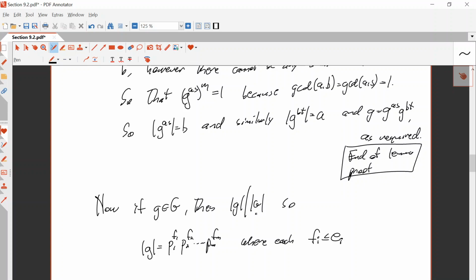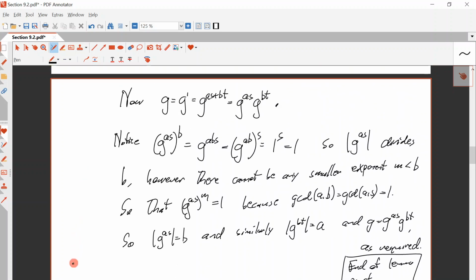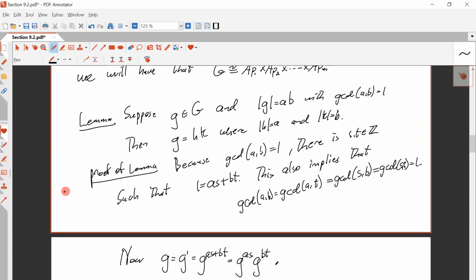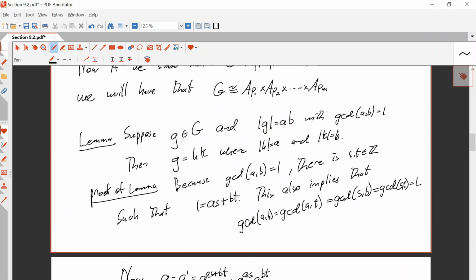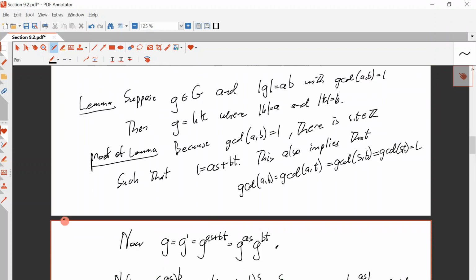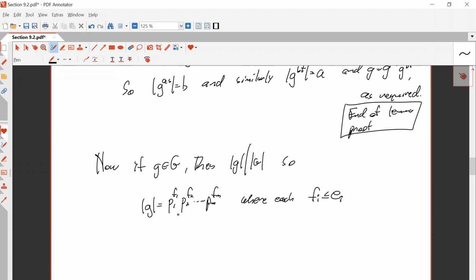Okay? But this is exactly what the lemma is doing here. Right? The order of G is A times B, with GCD of A and B equal to 1. So here you've got that. The order of G is, well, it's this times that, and they're relatively prime.